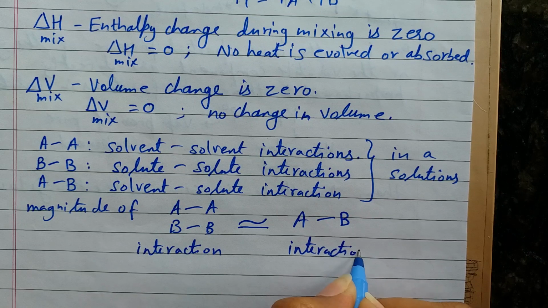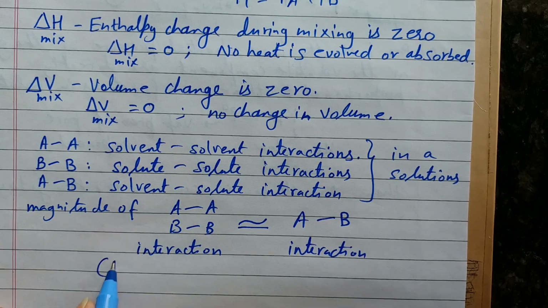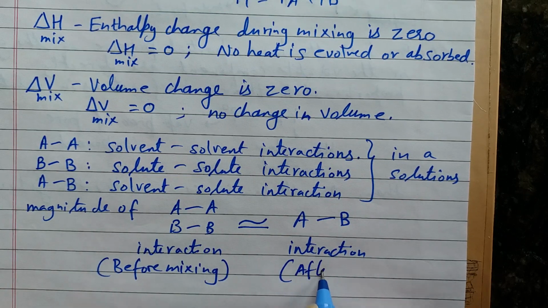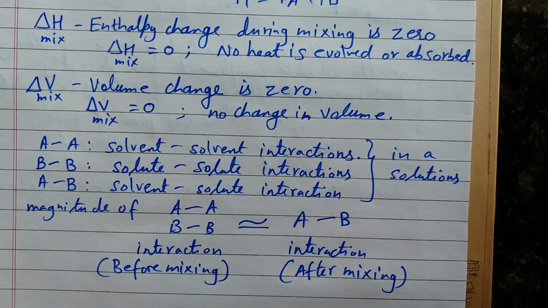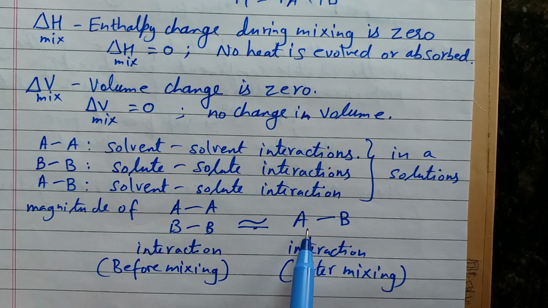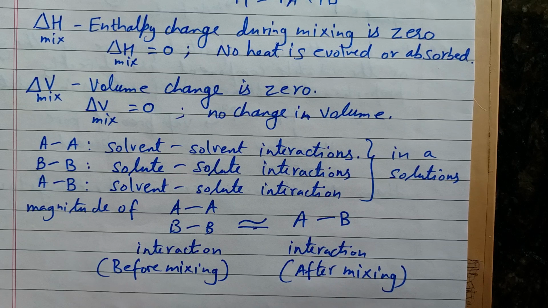The AA and BB interactions are there before mixing the solvent and the solute, and the AB interactions result after mixing. So in an ideal solution, the solvent-solvent and solute-solute interactions are nearly of the same magnitude as the solvent-solute interactions.